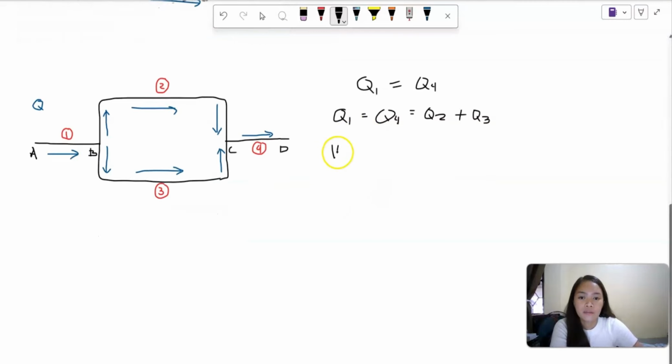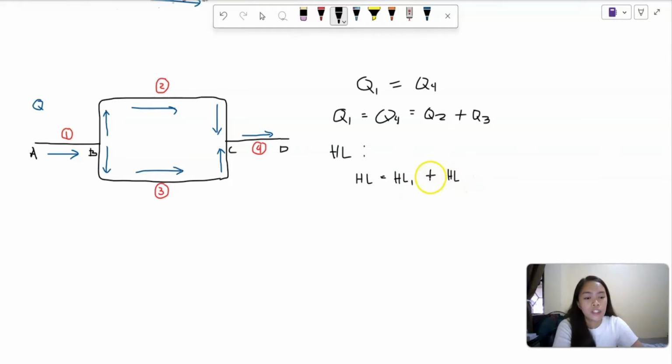For the head loss, HL is equal to HL in pipe 1 plus the HL in pipe 2 or 3, plus the head loss in pipeline 4.